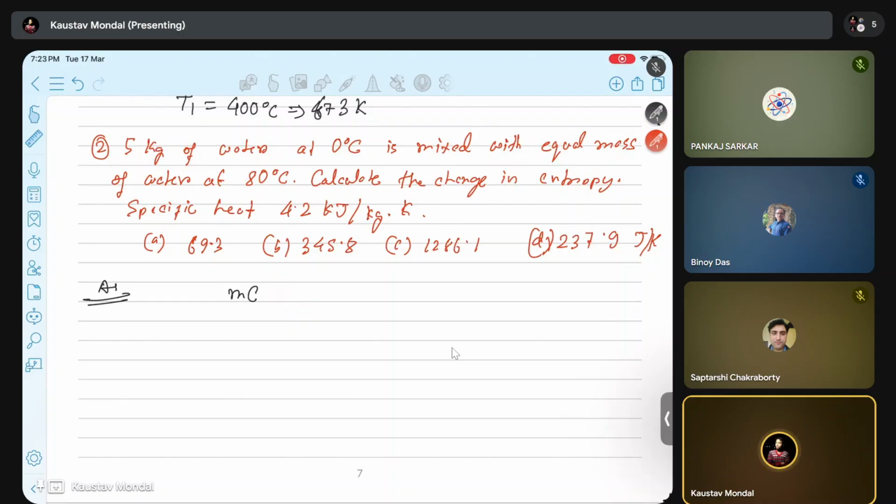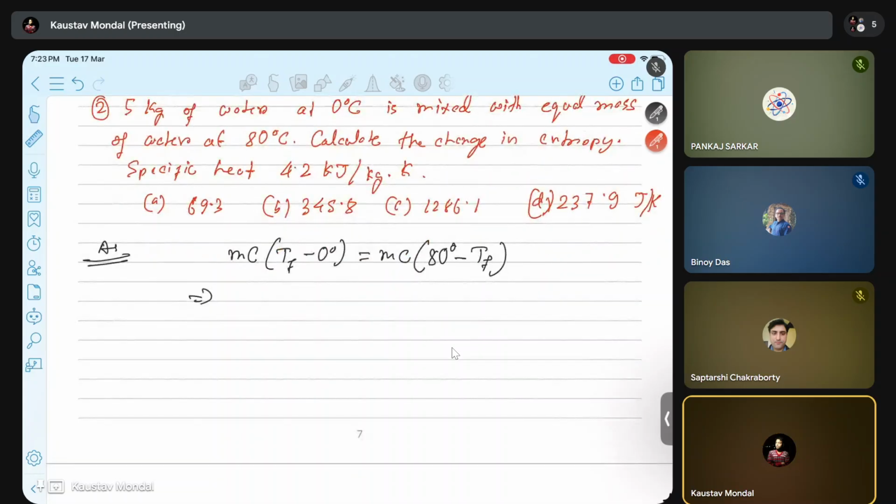So T final minus 0 degree equal to mC times 80 degree minus T final, right? So from here, T final would be half of 0 plus 80, so that would be 40, right?